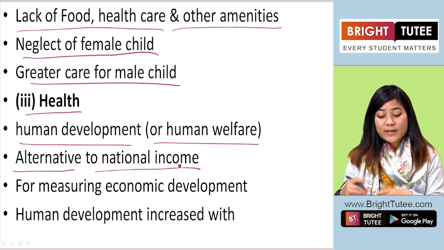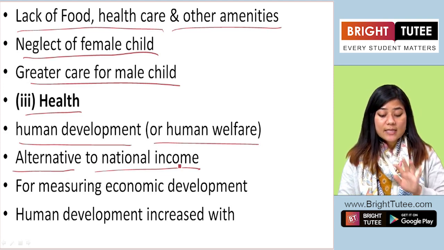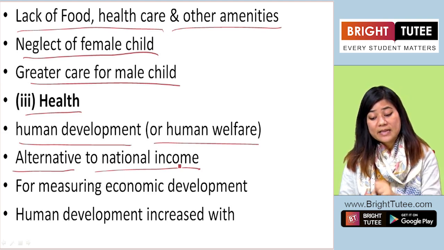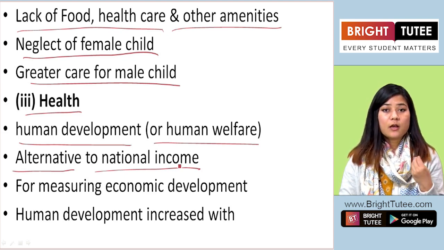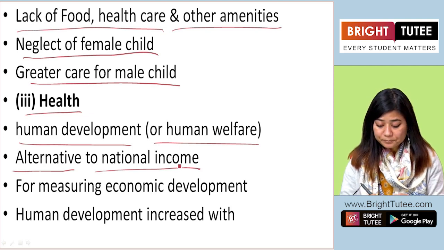So when national income is not taken into consideration, then human development is taken into consideration in place of national income as a key important indicator for measuring the development of the economy.